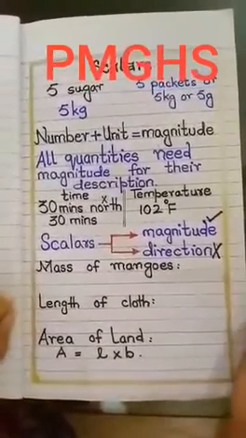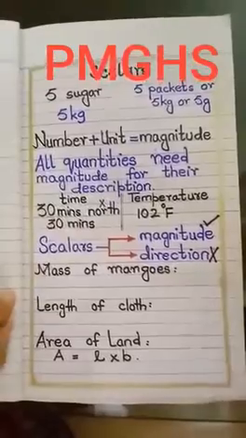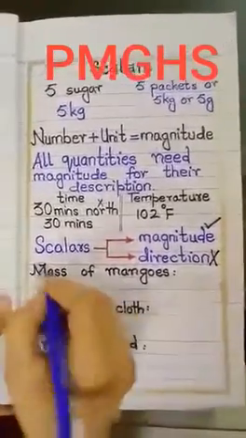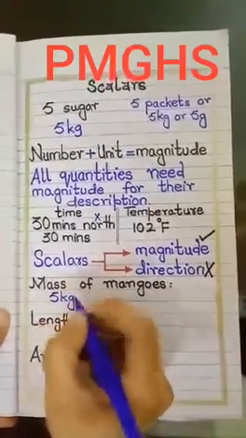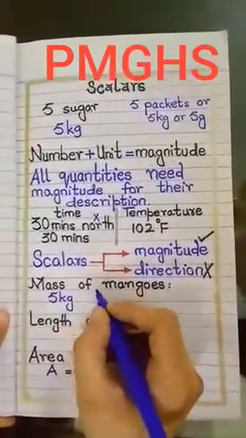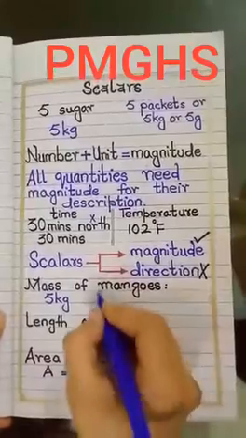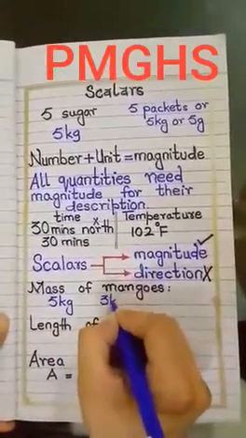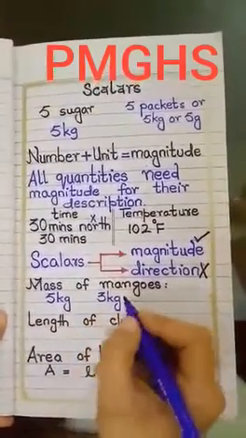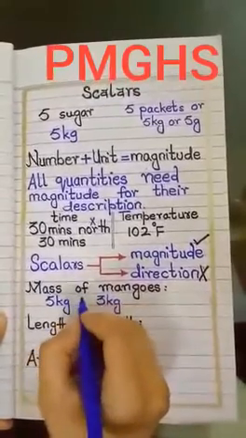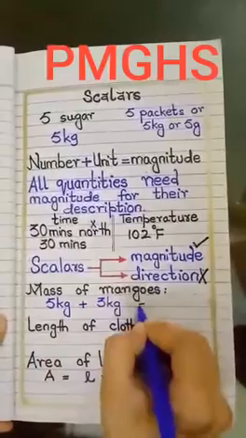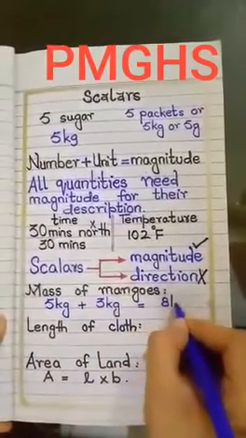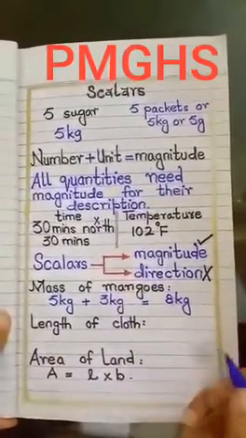For example, my father brings 5 kilograms of mangoes home, and we already have 3 kilograms of mango. So, how many mangoes do we have? We have 8 kilograms of mango at home.